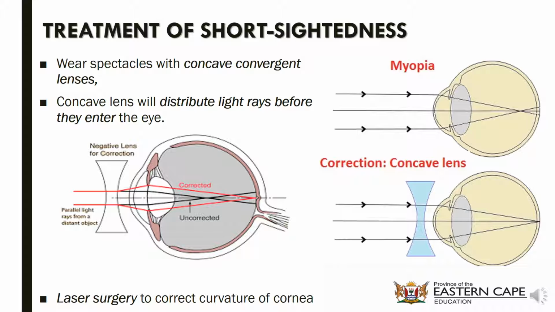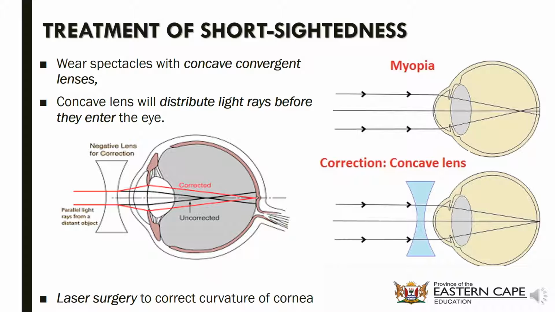And when you're given a question, maybe your examiner might even say, given these two diagrams, identify the type of eye condition that is there. So what are you looking at? When you have myopia, in the top diagram, the light rays come in, they enter the eye, and the image is formed before the retina. To correct this, what are we going to use?